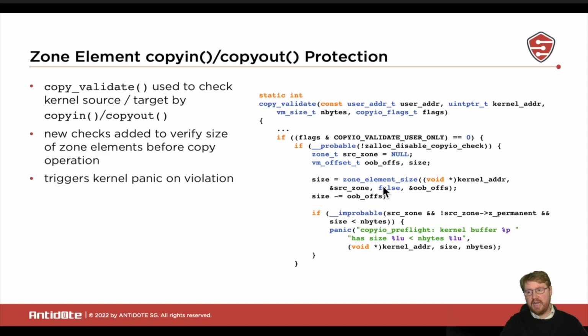So there's the zone element size check nowadays in there that basically will validate how big this element is on the zone, and if it's too small for the amount of data that is requested for the copy operation, it will kernel panic again to basically stop a buffer overflow before happening, but also to stop a buffer overread before it's happening.